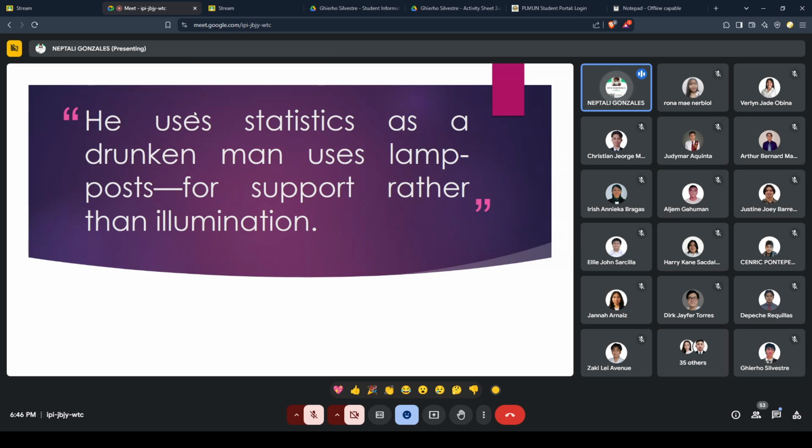He uses statistics as a drunken man uses lampposts, for support rather than illumination. By Andrew Lang. Thank you and God bless us.